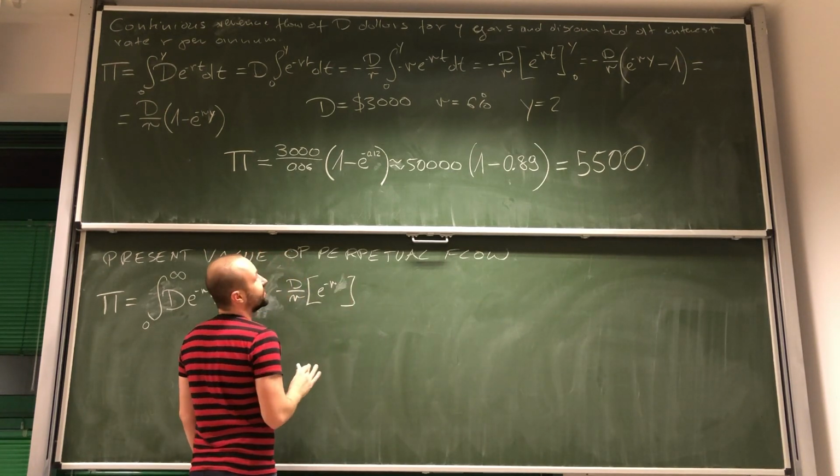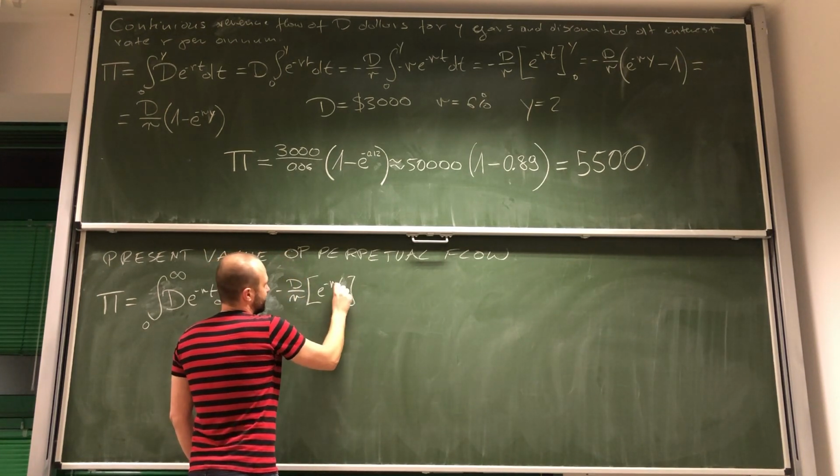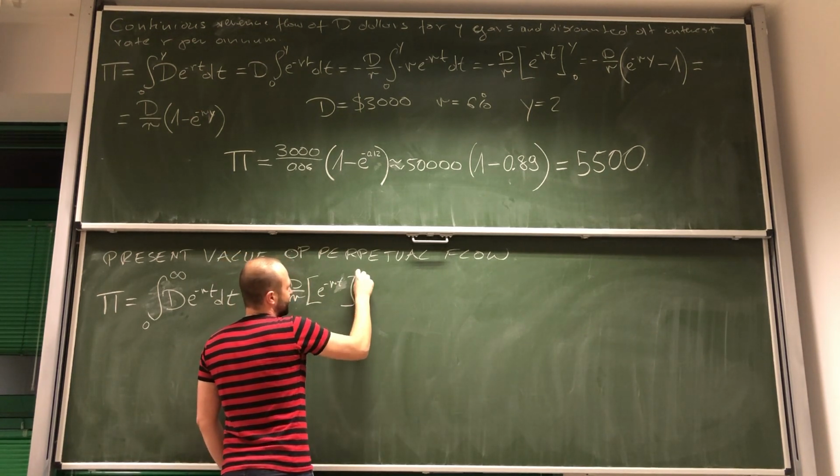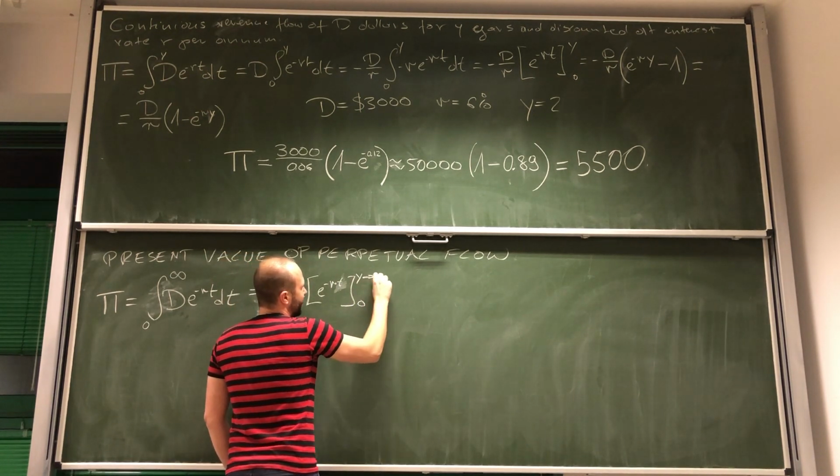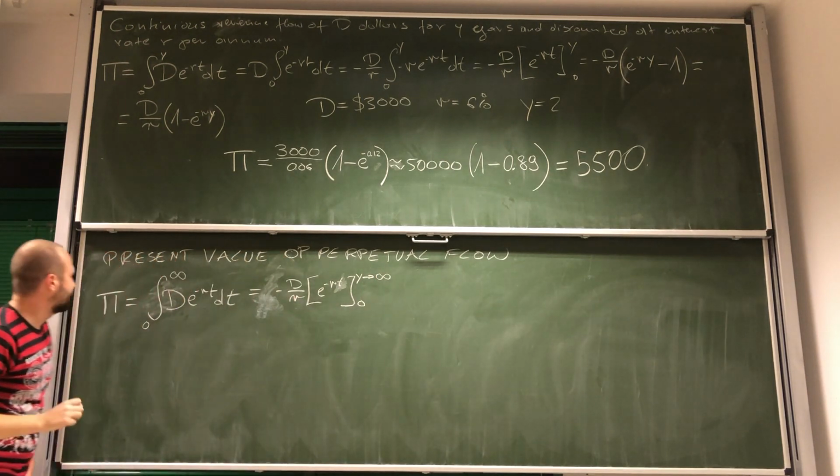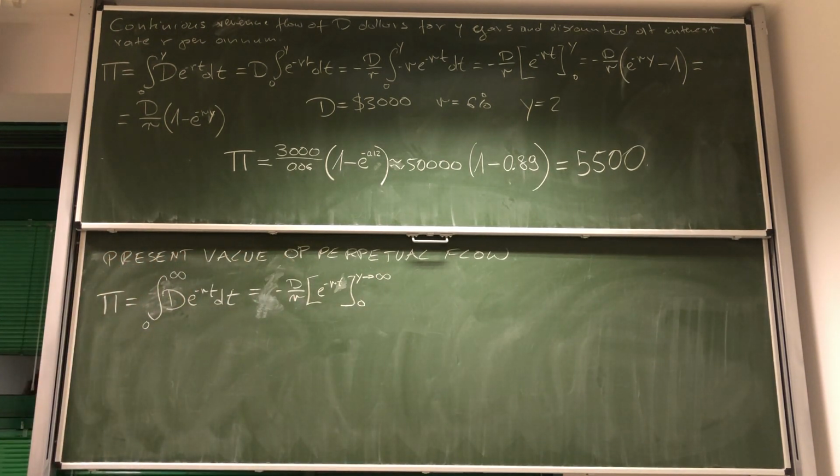Here we will change this part: t for now, 0 here with some y going to infinity. And look, now we've got to deal with an improper integral, so we will have to calculate the limit.